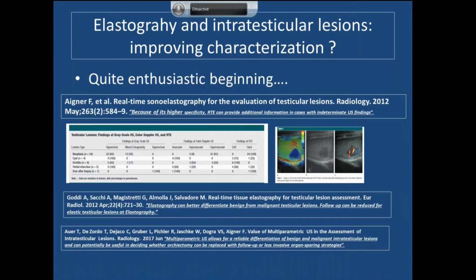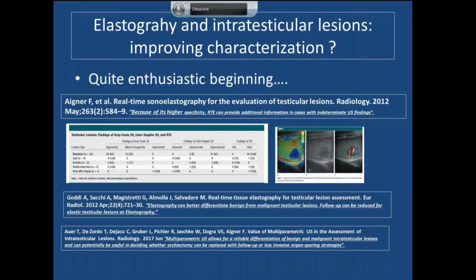The main topic is the characterization of intratesticular lesions, and especially for the testis. You know that percutaneous biopsy is still not allowed according to urological societies. At the beginning, we had quite an enthusiastic start, because in the studies by Aigner, Goddi, and ours, there were really good results.